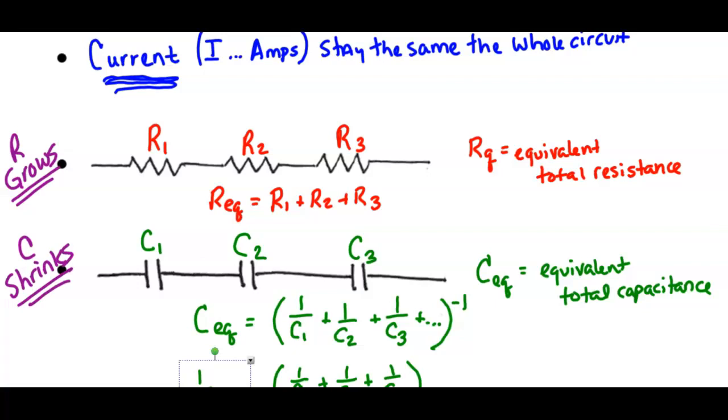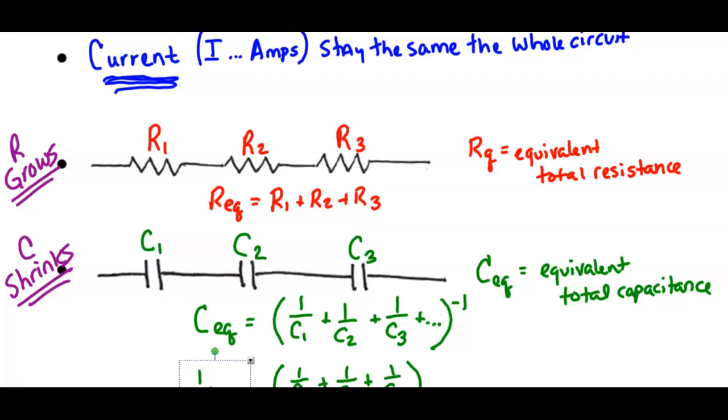So the more resistors we put together in a row, the less electricity is going to manage to get through the wire. The more capacitors, wait, I said that wrong. The more resistance that we have, the less energy is going to flow. The resistance is going to get bigger. When I put capacitors in a row, the amount of energy that they're going to store is going to get reduced. And the more of them that we have, the less storage we actually have of electricity.